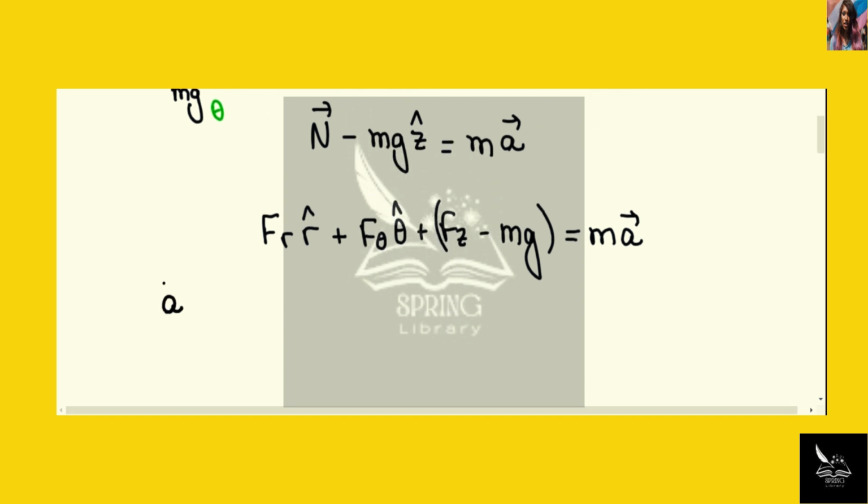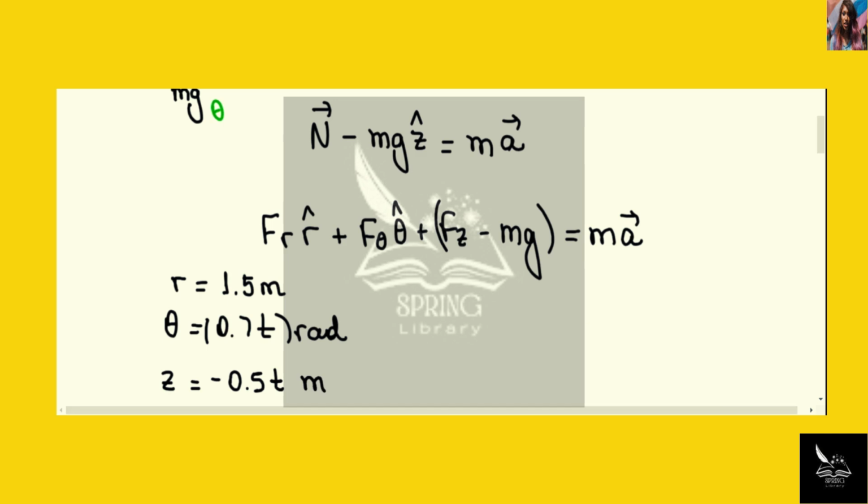Now we need to find the acceleration of the boy. So I'm just going to rewrite here the coordinates that we have. So we have that r is equal to 1.5 meters. Then theta is equal to 0.7 t radians. Then z is equal to minus 0.5 t meters.